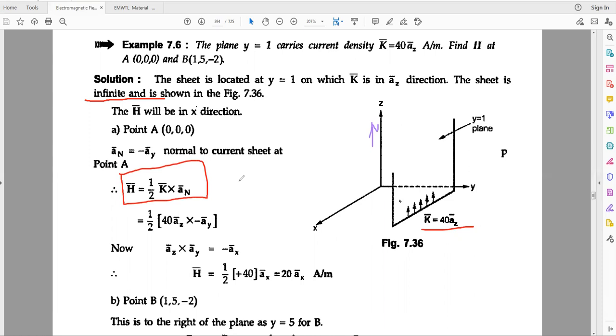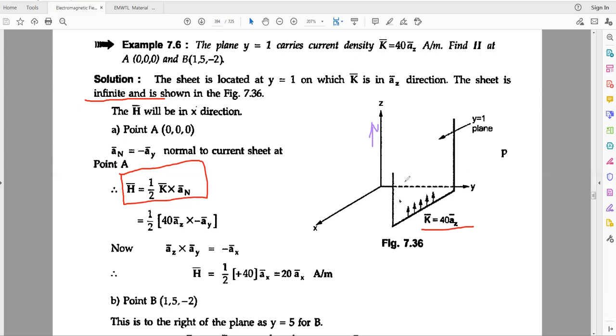Infinite sheet of current. In the previous examples we did the infinite current carrying conductor, a long straight conductor, with dL, and now it is a surface current K. The volume current is represented as J. So H bar is 1 by 2 into K bar cross A n bar. The K bar is given as 40 into AZ bar, and A n is minus AY bar.